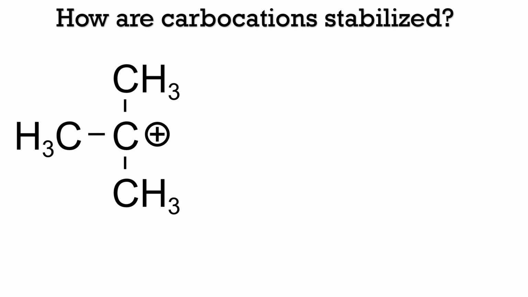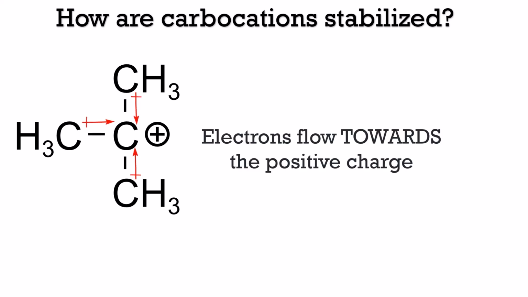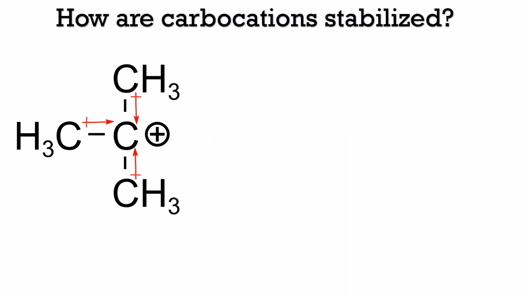The carbocation depicted here is a tertiary carbocation, and the way it is stabilized is that the dipoles of each carbon-carbon bond are polarized towards the carbocation. So the electron density, or the electrons in each one of those carbon-carbon bonds, those electrons are being pulled towards the carbocation. Those carbon-carbon bonds are electron rich.